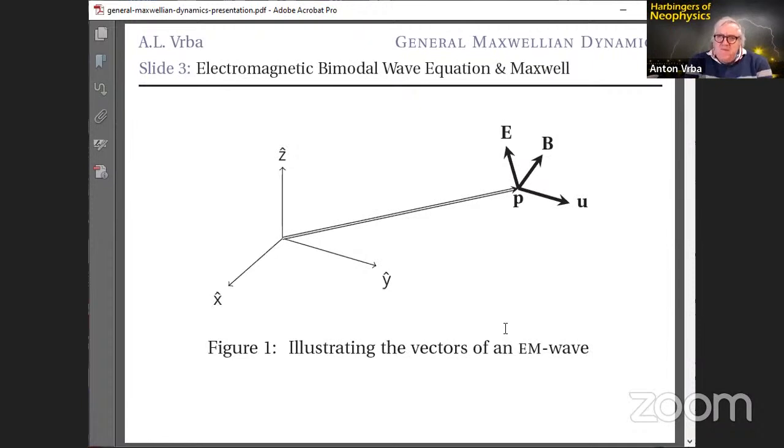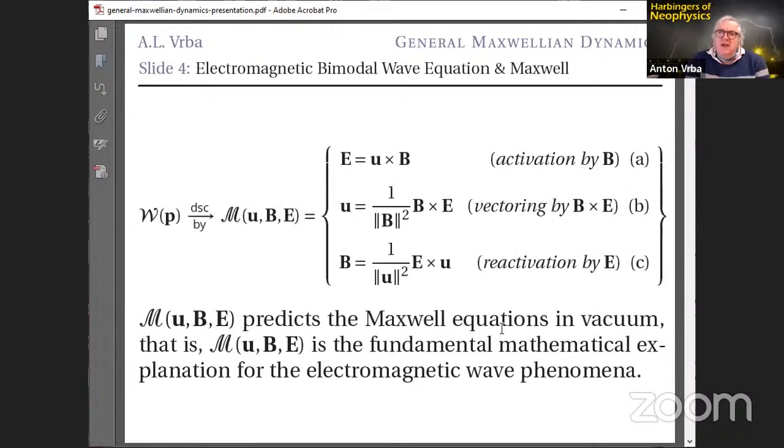If I now draw the vectors of a single plane of an electromagnetic wave that is propagating, shown by the propagation vector u, magnetic field vector b, electric field vector e, and a position vector p, I then can write these three equations: E equals u cross b, u equals 1 over b squared b cross e, and b equals 1 over u squared e cross u.